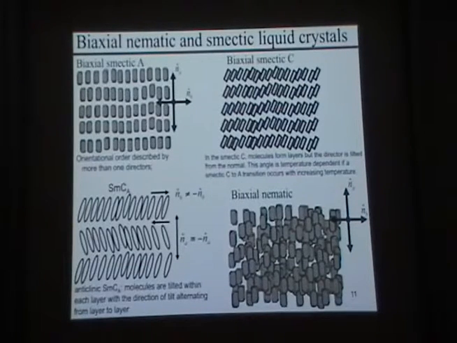But what you see in here is the biaxial smectic liquid crystal phase, where you can see that molecules have some plank-like shapes, and they do form the layer structure. The long axis of those molecules on average point perpendicular to the layer planes, but the shorter axis of the plank-like molecules also have some ordering within the layers.